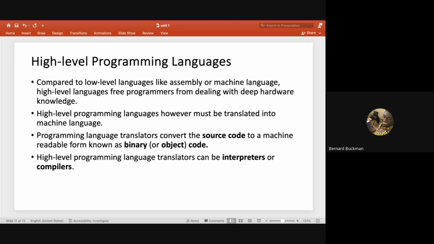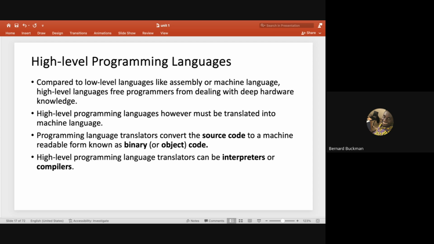In fact, the computer does not understand C++ or Java or C or any of those other languages. There must be a translator on your machine which translates the Java into zeros and ones for the computer. Those are called language translators.